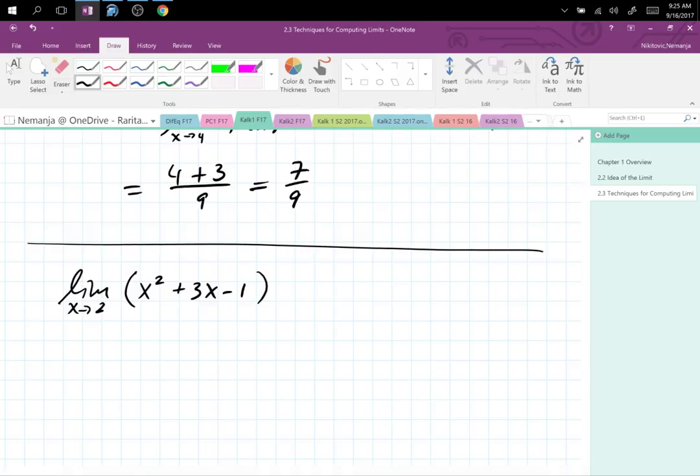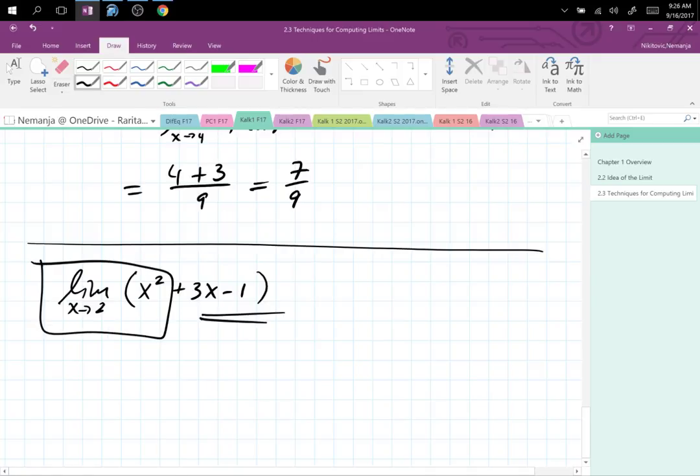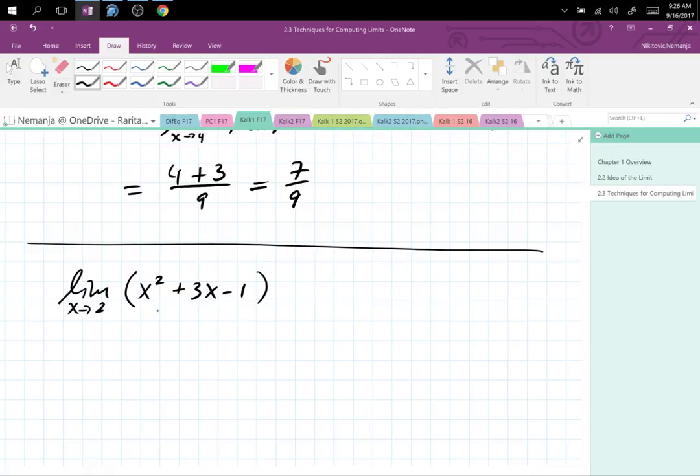If you don't write the parentheses there, then the limit would only apply to x squared, not to the rest of the problem. So these parentheses are not there for decoration, because they look good. The parentheses are there because they are grouping the polynomial together to say that the limit applies to each term of that polynomial.